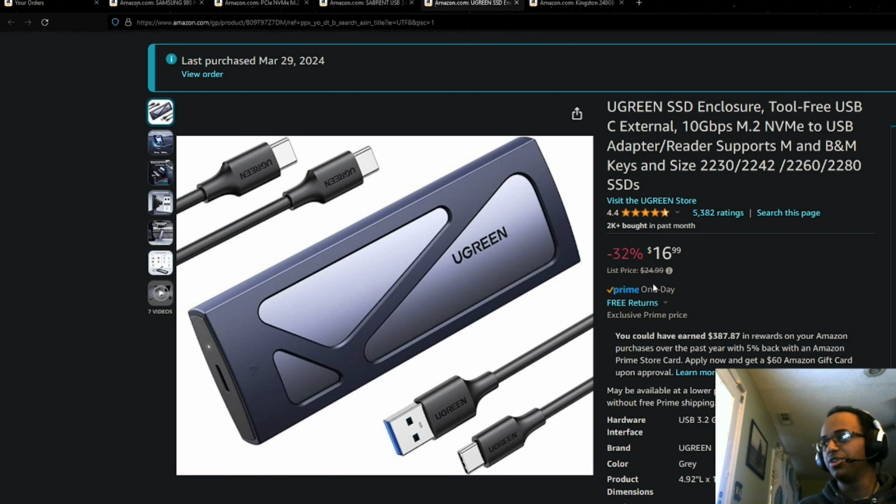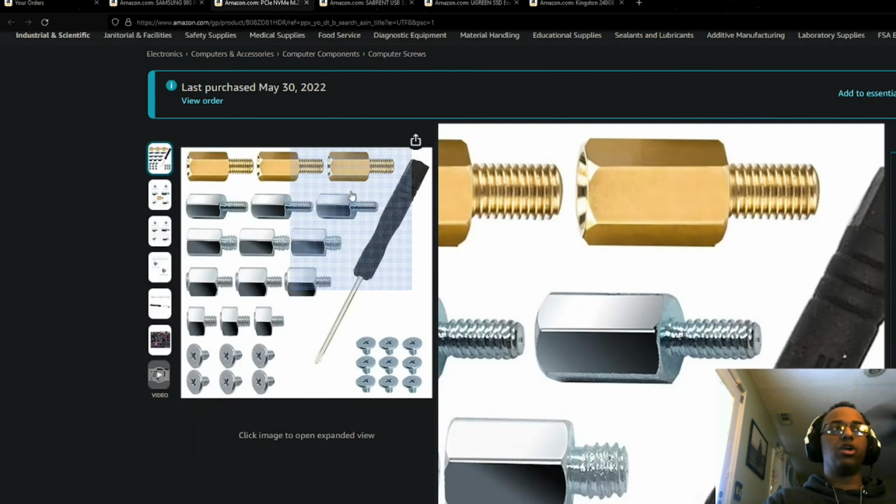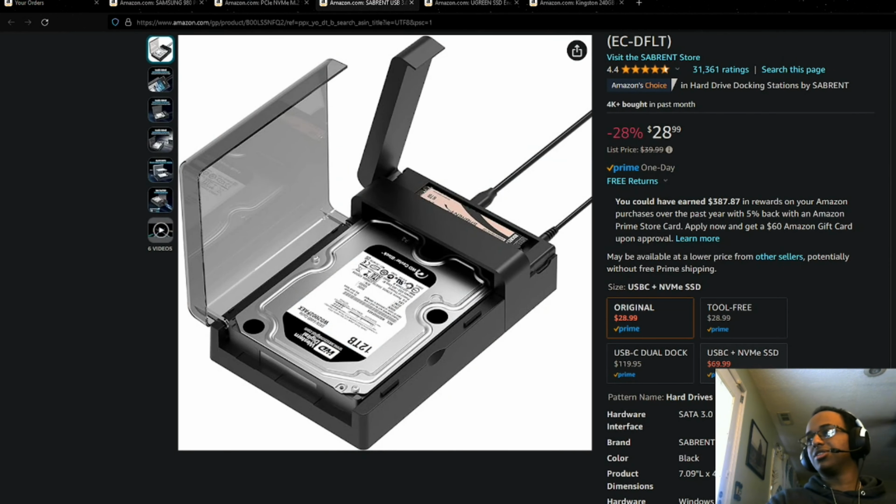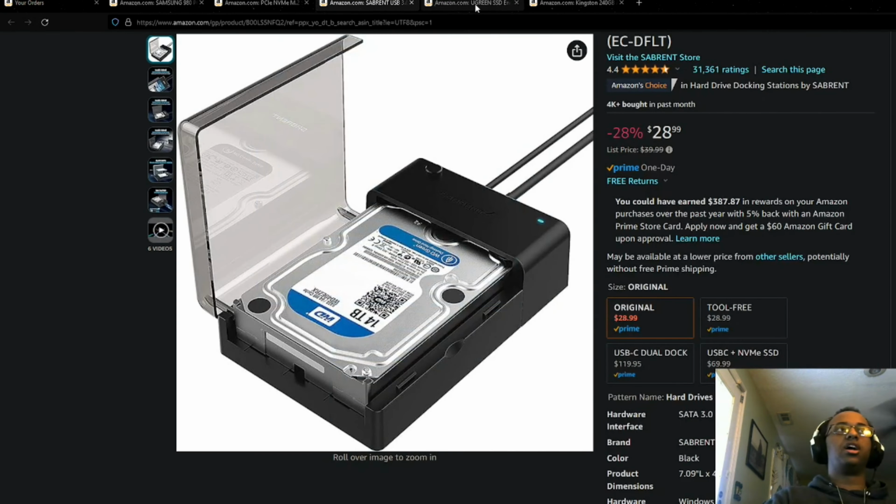If you need an external, get one of these adapters. It also comes with its own heating paste, so you don't have to worry about your SSD just going nuclear within the external case. And that's a better deal for $16 with free shipping with Prime, compared to like $40 for an adapter that has it. Come on, dude, you're getting a really good deal here.